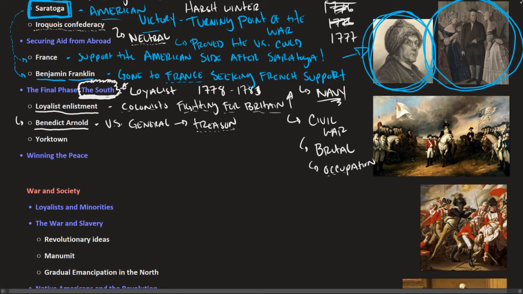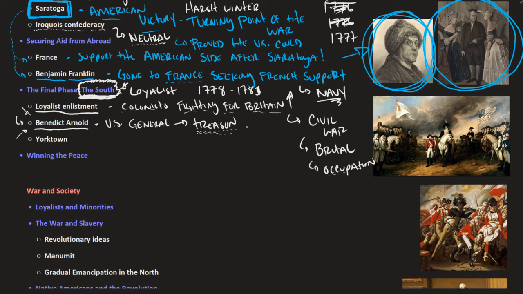But he defected to the British, and forever Benedict Arnold's name will be used to describe traitors, people that are treasonous. He was pretty much just in it for the money for the most part. He had other motives for going for the British side, but money can go a long way.